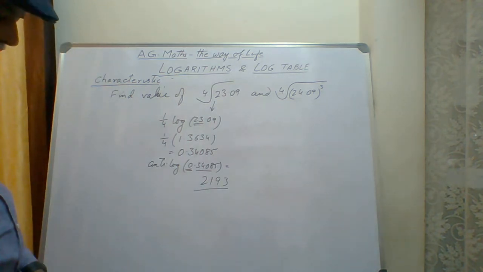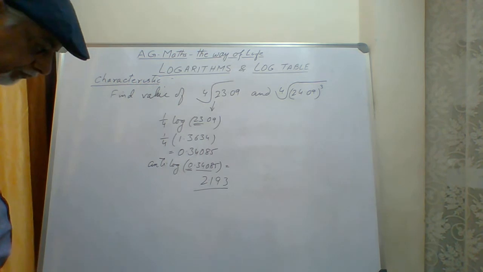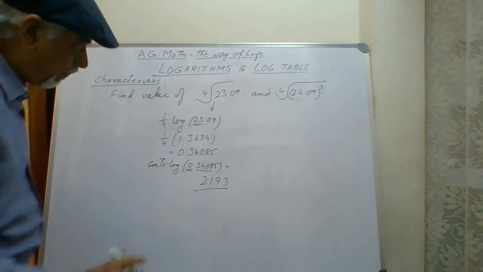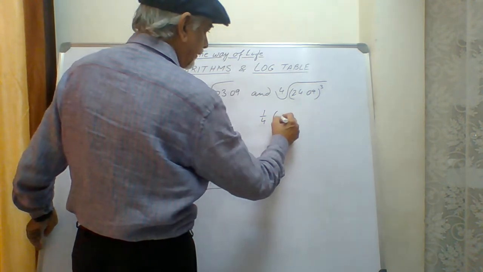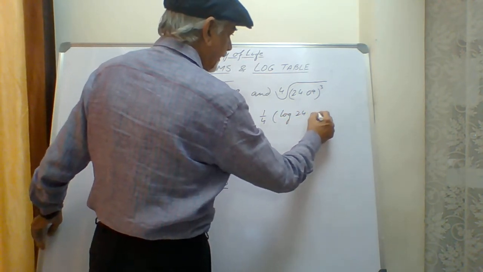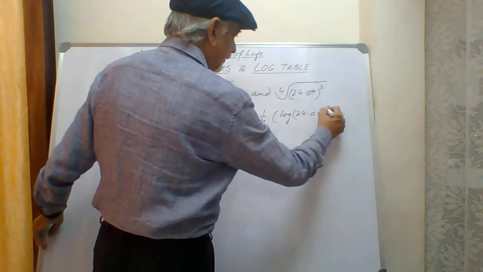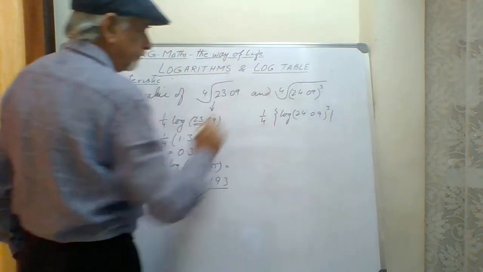Now what happens for the second part, the fourth root of a cube? This can again be written as 1 by 4 into log of 23.09 raised to the power 3. This is the simplified form.